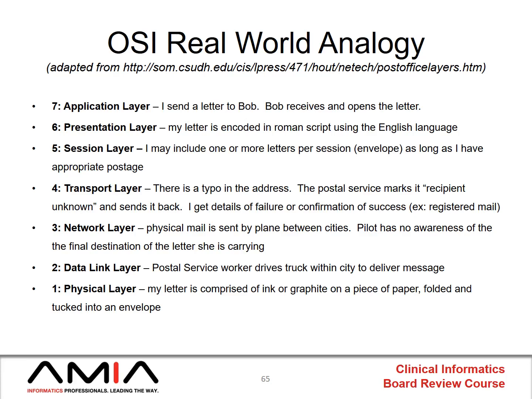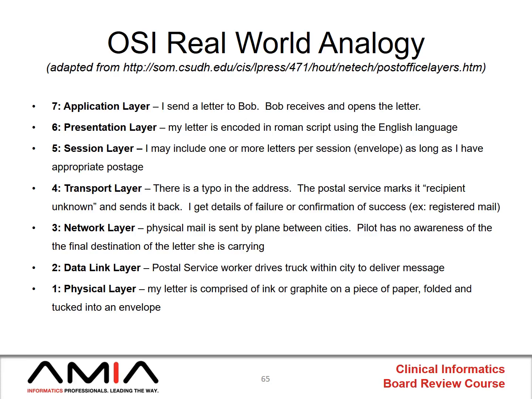At the transport layer, this might be where the post office finds that there's a typo in the address. They mark it as recipient unknown and they send it back. I might be able to get a confirmation of receipt or not if it's registered mail. If it's bulk mail, I wouldn't get a confirmation at all, and I don't really care. At the network layer, maybe this is where all of these letters are put into big parcels and shipped by plane between cities.